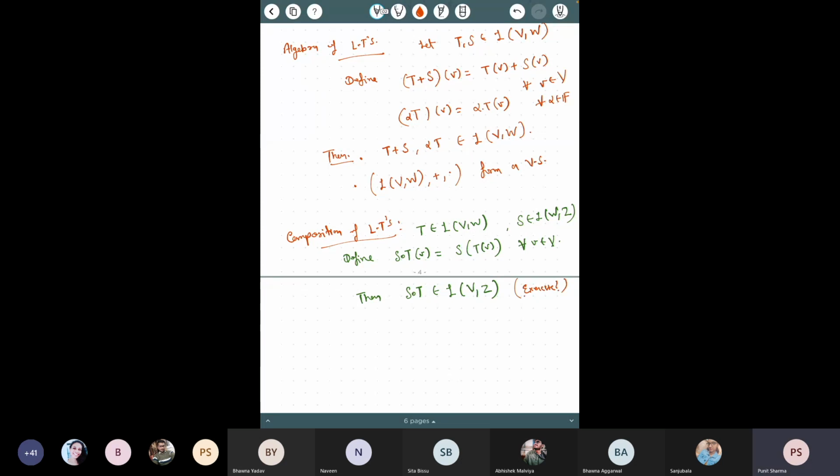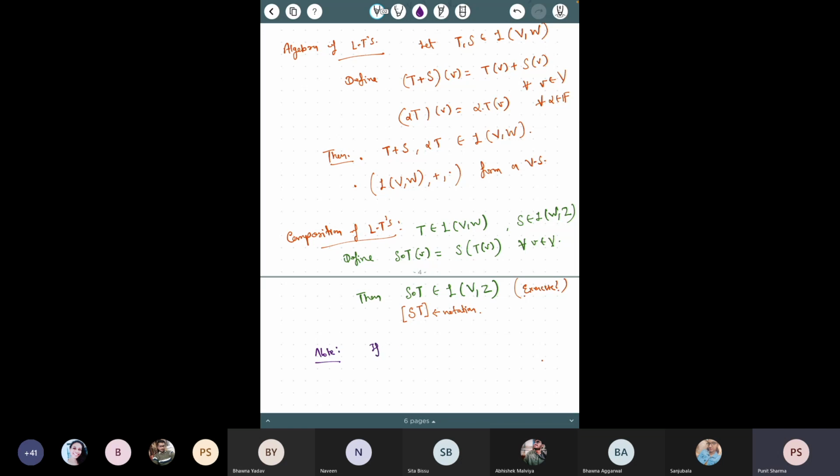Sometimes instead of S composition T, we usually write this as ST. It is the same thing, but a different notation. It's like a product of S and T, but it is not a product; it is S composition T. Now let me write this as a note.